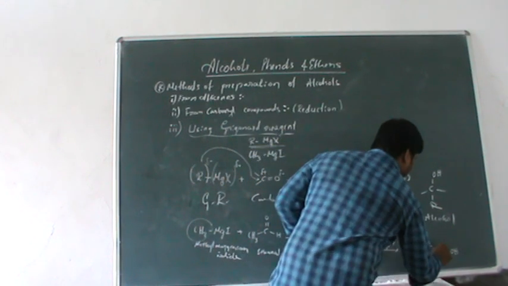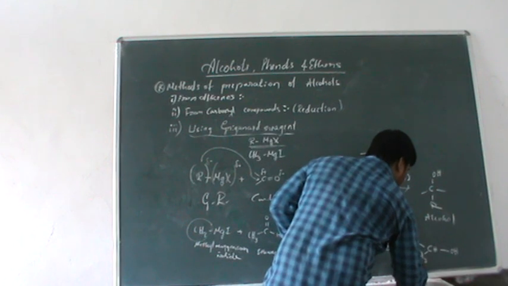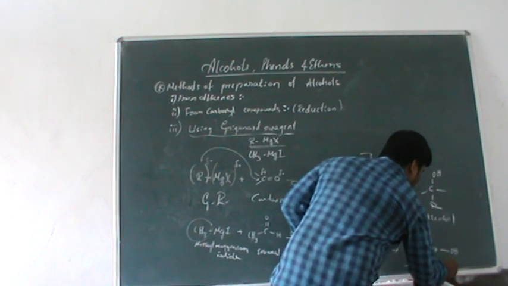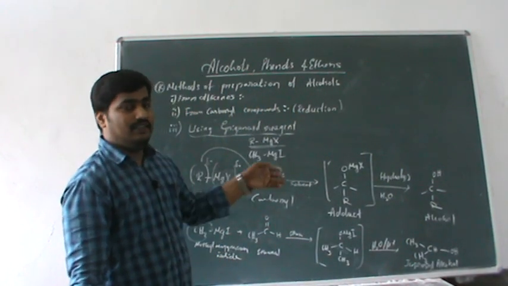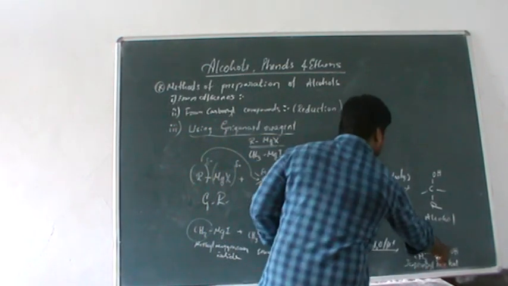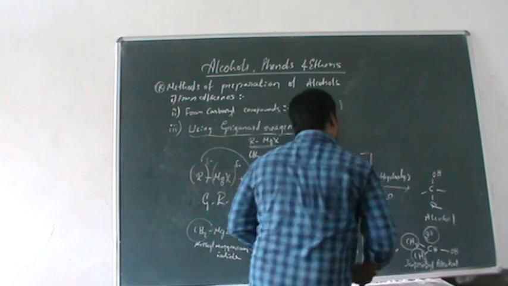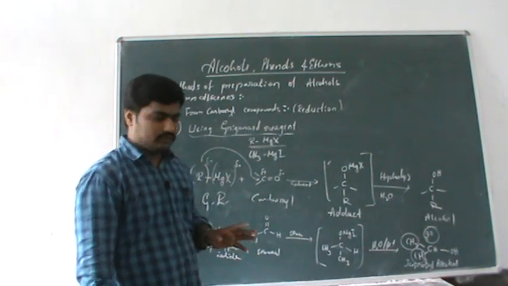What is the name of the compound? CH3, CH, OH, CH3: isopropyl alcohol. What is the degree? The carbon bearing OH contains two R groups, therefore it is a secondary alcohol. Correct?